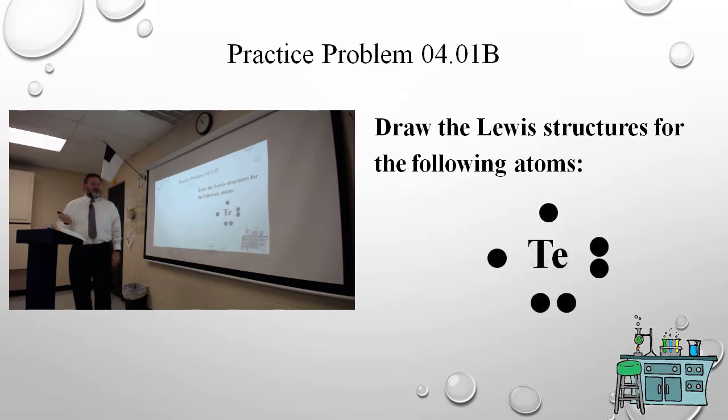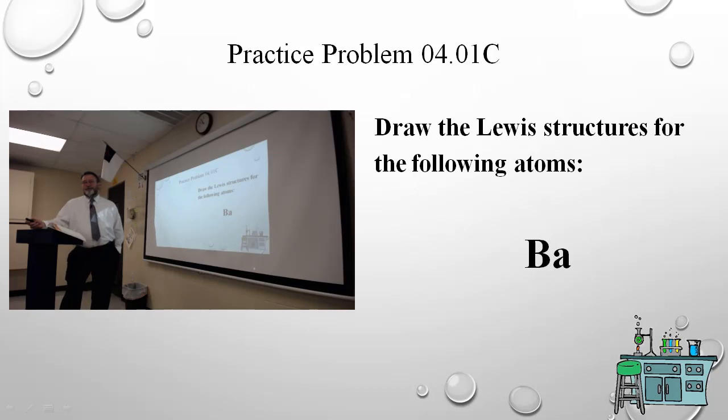Oh, it didn't work, did it? Is it in column 6A? Yes, it's in column 6A. So it's in column 6A, so there are 6 valence electrons. All right, pass it.